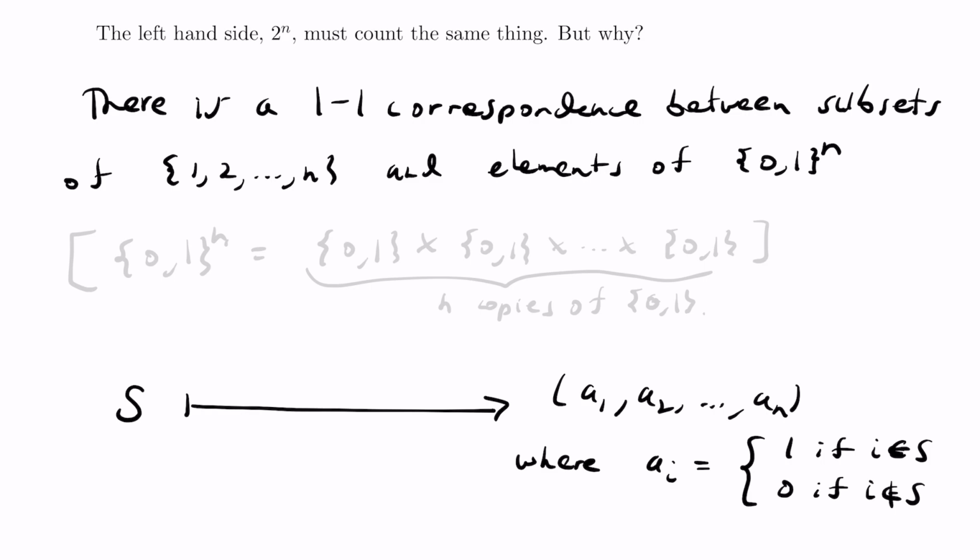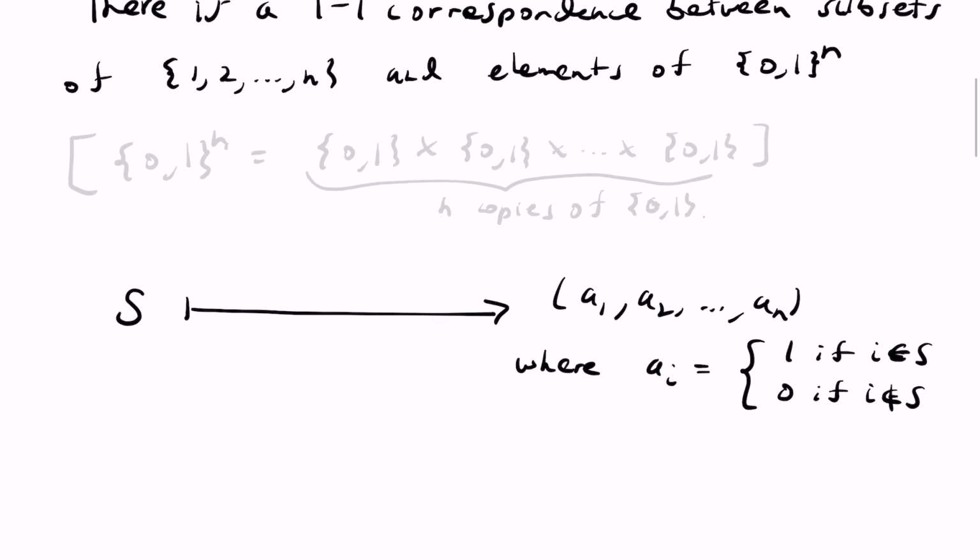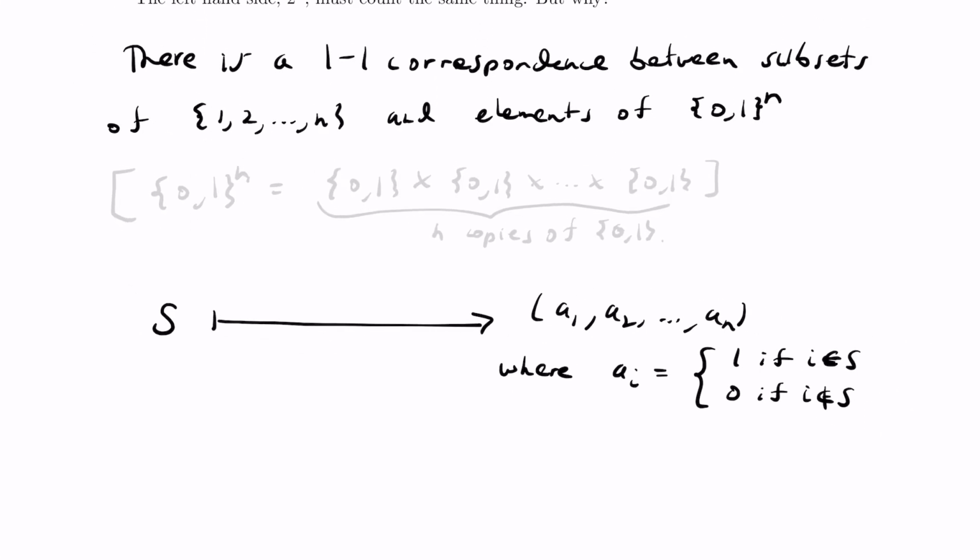So let's look at a concrete example of one of these so we know what this correspondence looks like. For example, if n was equal to 5, then the set S equal to {1, 3, 4} would be mapped to the 5-tuple (1, 0, 1, 1, 0).